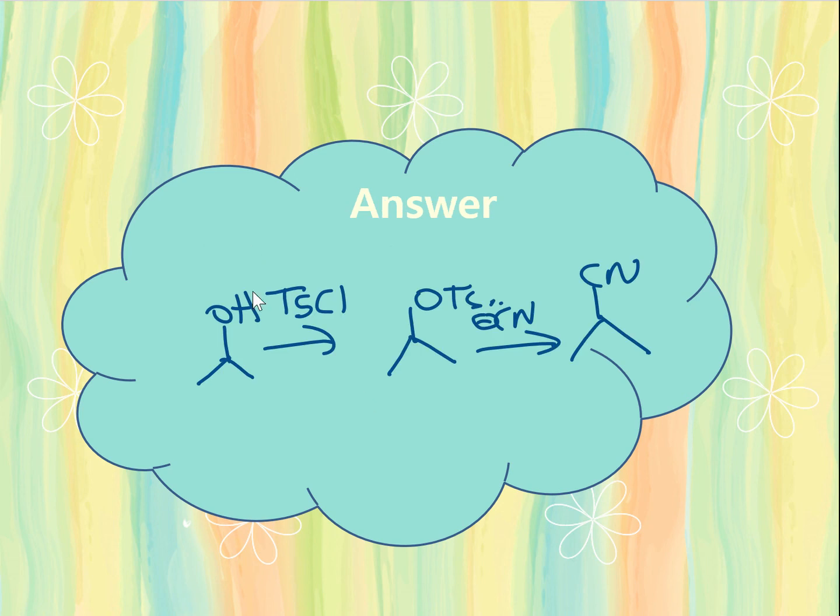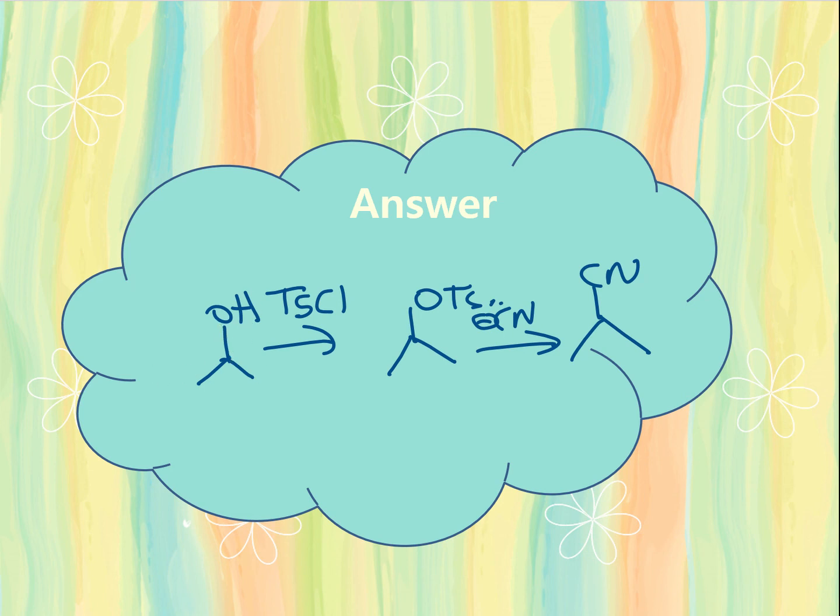Well, if you guessed that, okay, I could react it with tosyl chloride in order to make your tosylate, and then react it with some cyano nucleophile in order to get the target molecule, right? So clearly we don't have a stereogenic center, and so that is not the focus here. We're just showing how we can go from one functional group to the next, starting with alcohol and replacing it with a nucleophile.